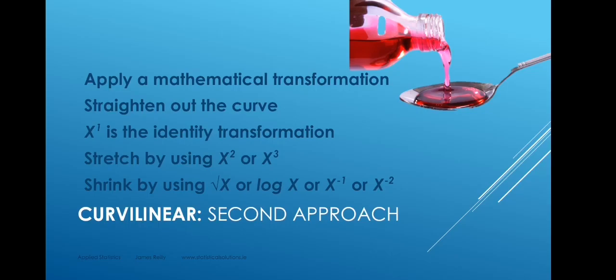Shrinking the x-axis can be done by applying a mathematical transformation, which would straighten out the curve. Currently, we have dose on the x-axis, but we could use a transformation of dose, like the log of the dose, which will shrink the axis, or the root of the dose. So we can shrink the axis using something like log or square root or 1 over x, or we could stretch it if we needed to stretch it using something like x squared or x cubed.